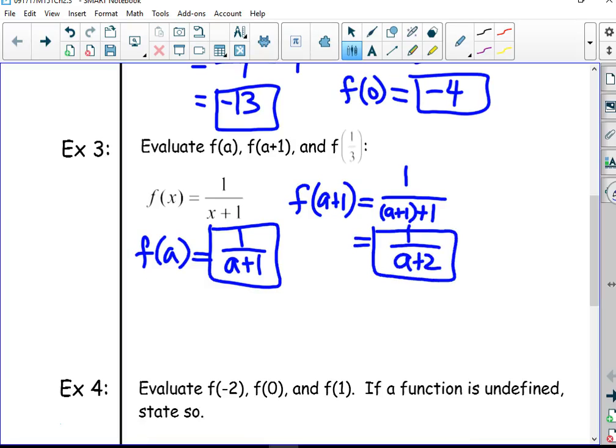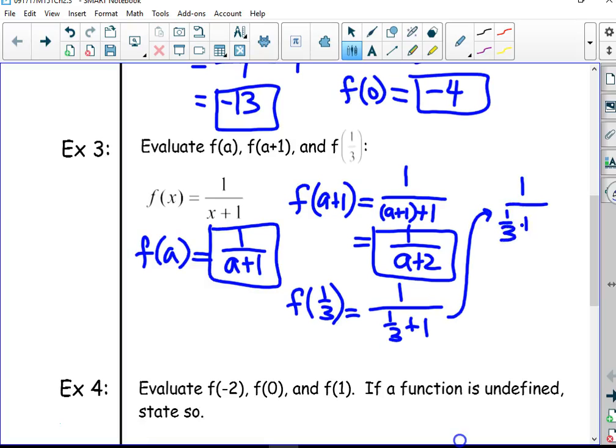And the last one gives us a little more trouble, f of 1/3, because as soon as we substitute, we have a complex fraction. It's expected that you simplify these complex fractions. So 1/3 plus 1, that's going to be 1/3 plus 3/3, which gives me 1 over 4/3, and we're going to flip and multiply the denominator.